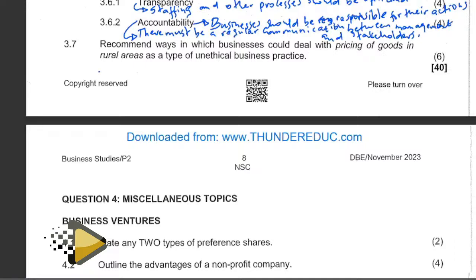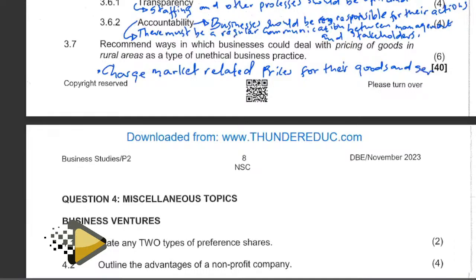Saying that here, businesses must charge market-related prices for their goods and services.